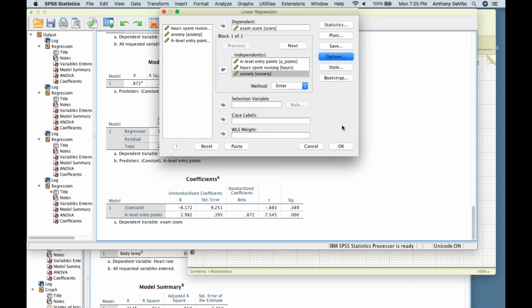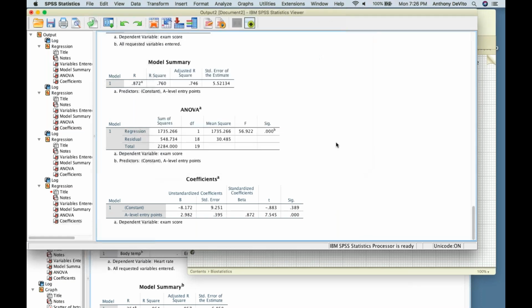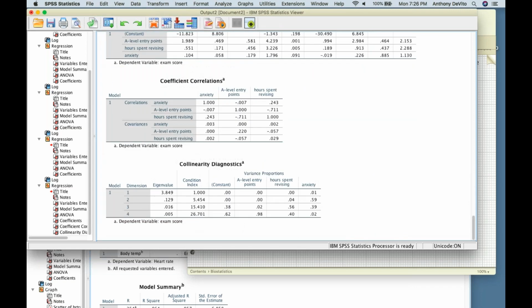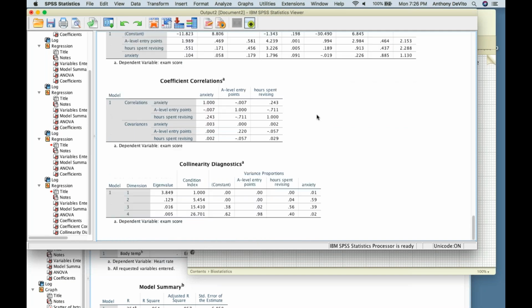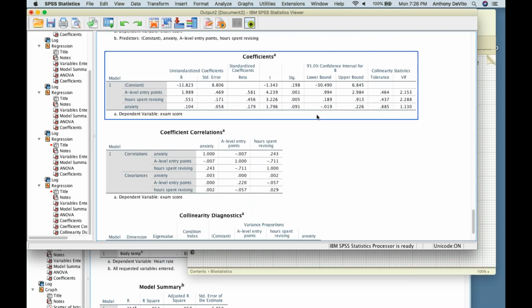I think so. Yes. From the ANOVA table, yeah. Well, and you also see individual significances for each of the variables. The overall significance you get from the ANOVA table. Okay, here we go.